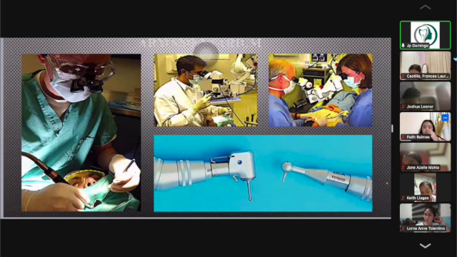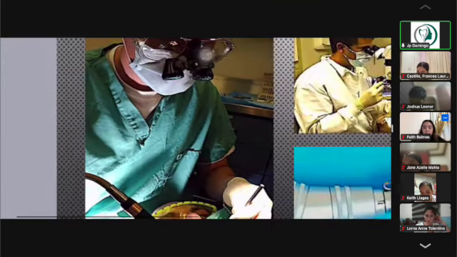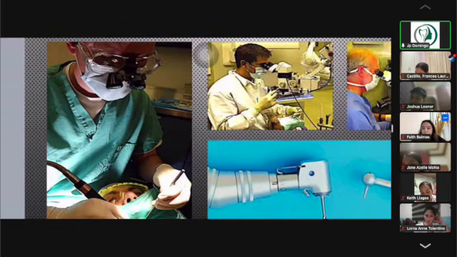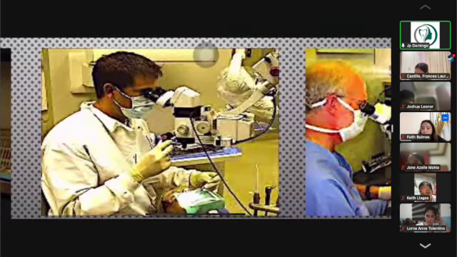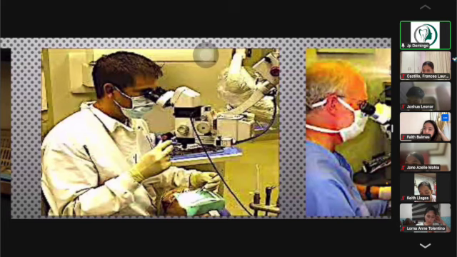Okay, we have here this one. This is the dental microscope. And this shows how it is used by a single operator.